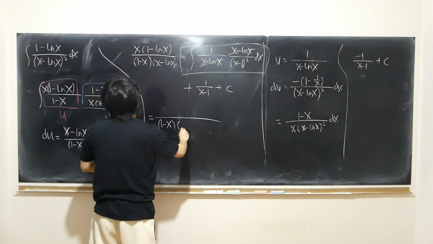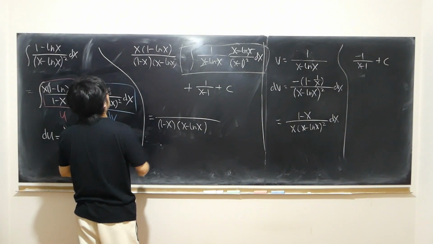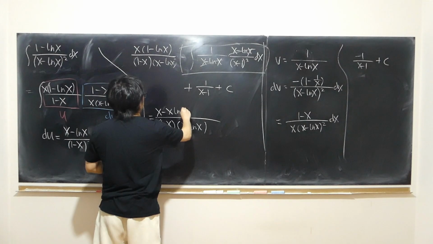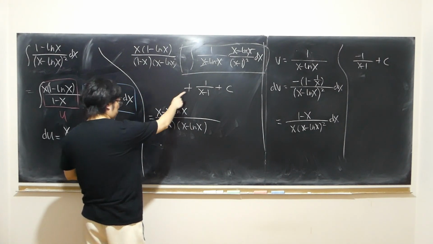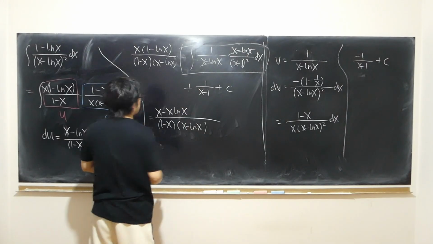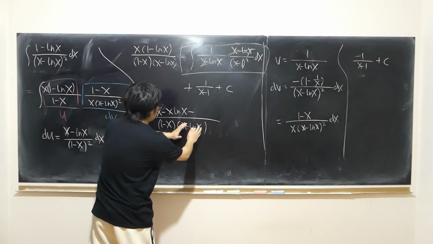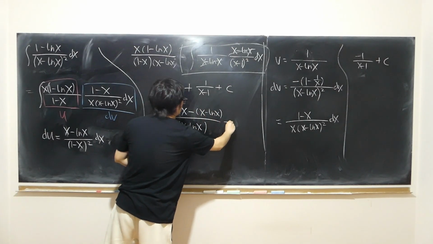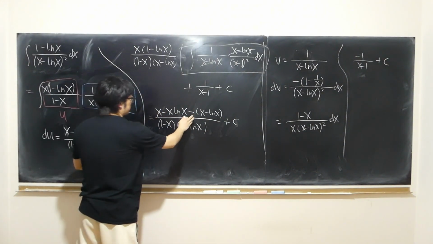1 minus x times x minus log x, x minus x times log x. But here you have x minus 1, there you have 1 minus x. You must say minus. Not only that, you say minus, you have to multiply this one. Plus c. But then you have x minus x, they're gone.